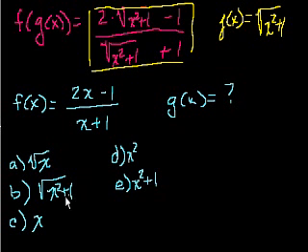And the way you would do this problem is, by just looking at it, the method we just saw: if you replaced x with square root of x squared plus 1 everywhere, then you'd get f of g of x. The other option is you just take each of these and ask, if you replaced x with this term everywhere, what do you get? Well, you'd get 2 times the square root of x minus 1 over the square root of x plus 1.